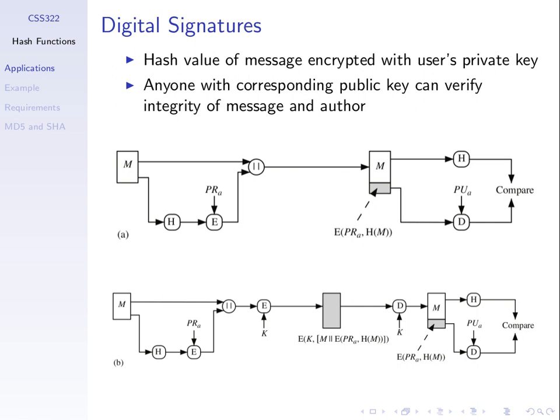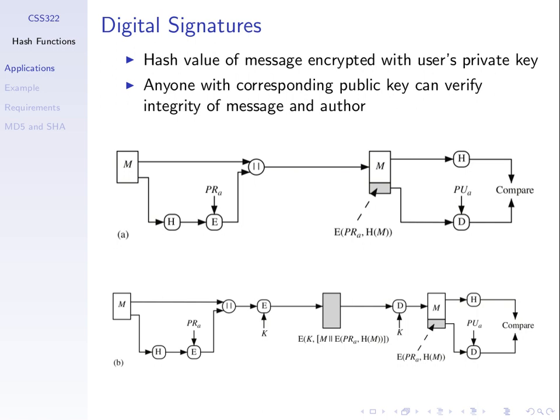I send the message plus the 256-bit signature across the network. Advantages: the encryption is much faster, since I'm only encrypting a 256-bit value as opposed to a 10 megabyte plain text. And the network overhead is much less. I'm only sending an extra 256 bits across the network as opposed to the full 10 megabytes.